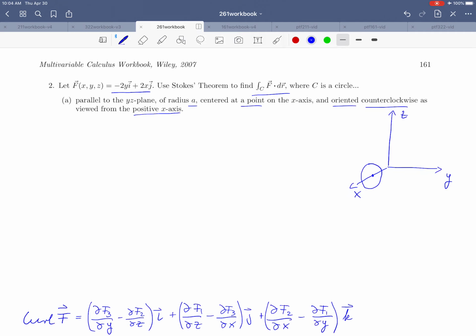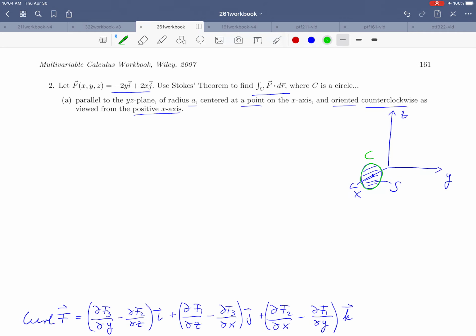So here we are. This surface is my surface S. And the curve around it, this is the circle that they were telling us about. So this is C. And we don't have an orientation yet. They say the orientation is counterclockwise when viewed from the positive x-axis.